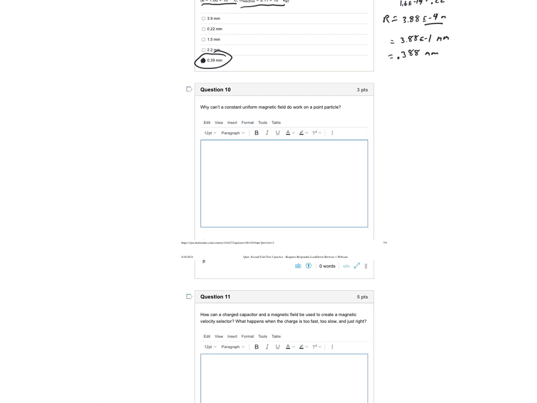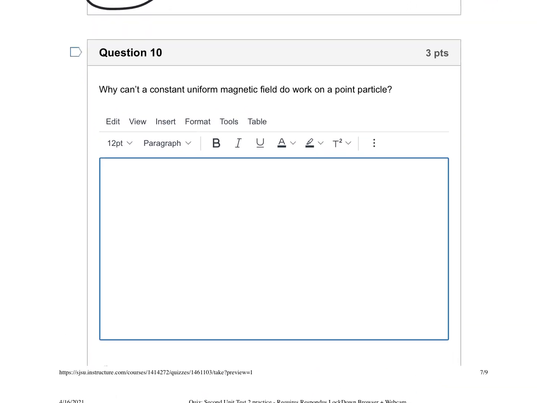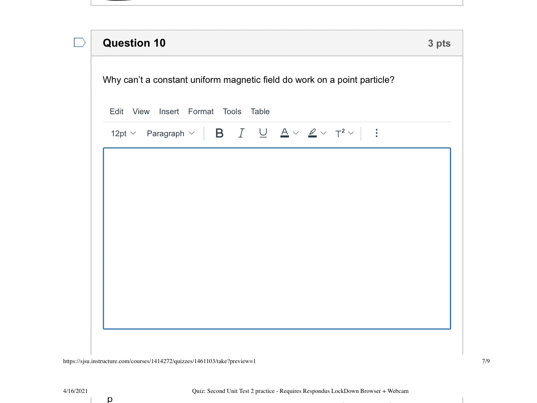Last two questions, 10 and 11. Why can't a constant uniform magnetic field do work on a point particle? Okay, I got a few interesting answers in the other sections from people.